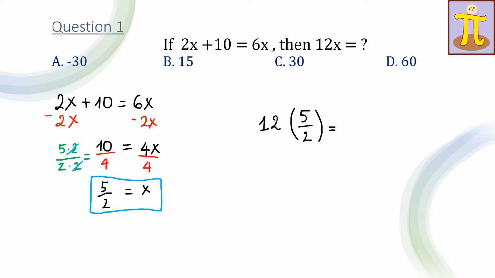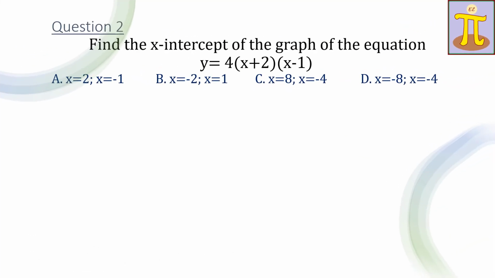And that should be 2 times 6 times 5 over 2, which equals 6 times 5 over 1, or 30. The answer is C. Next question.